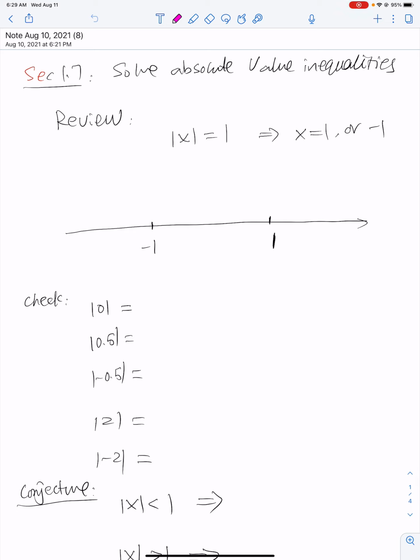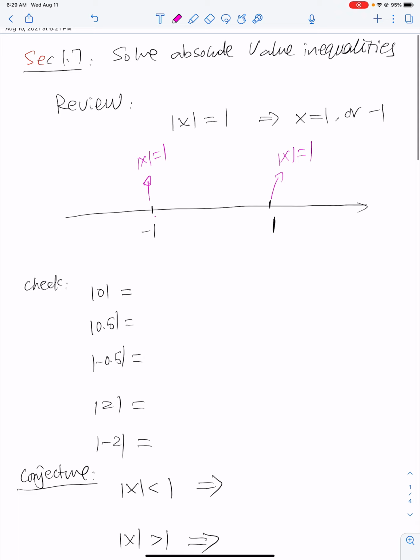So let's look at the picture. You have absolute value x equal to 1 at negative 1 and 1. Both of them will be absolute value x equal to 1. So let's check. What is the absolute value of 0? 0.